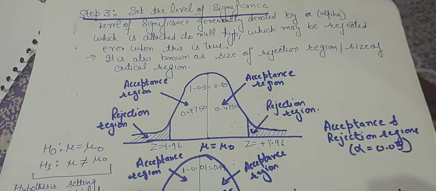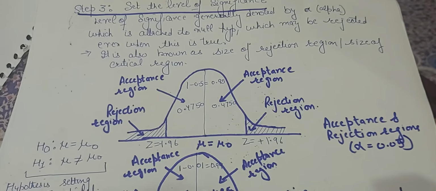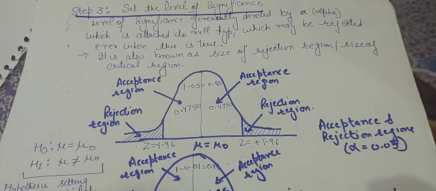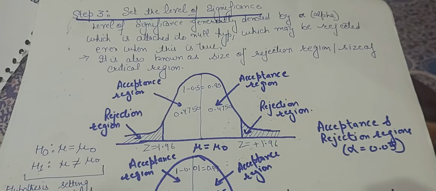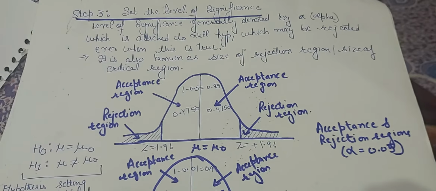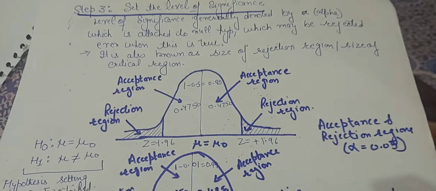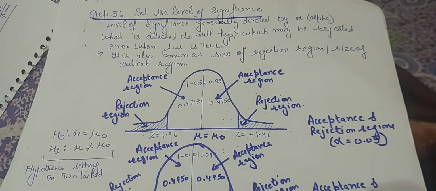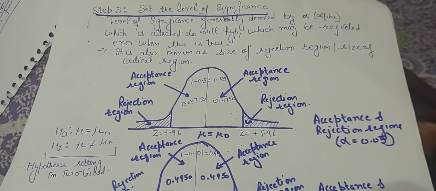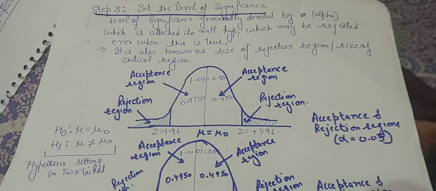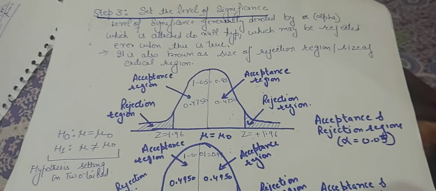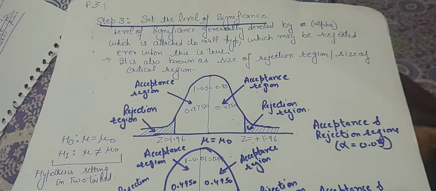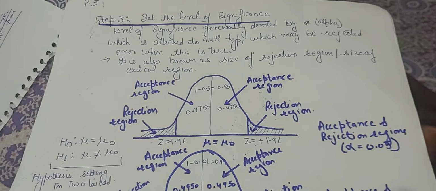a 95% confidence interval. We are confident that our data is 95% normally distributed, and the rest 5% is not. So our acceptance and rejection region is at the 0.05 level of significance, or we can say 5% level of significance.